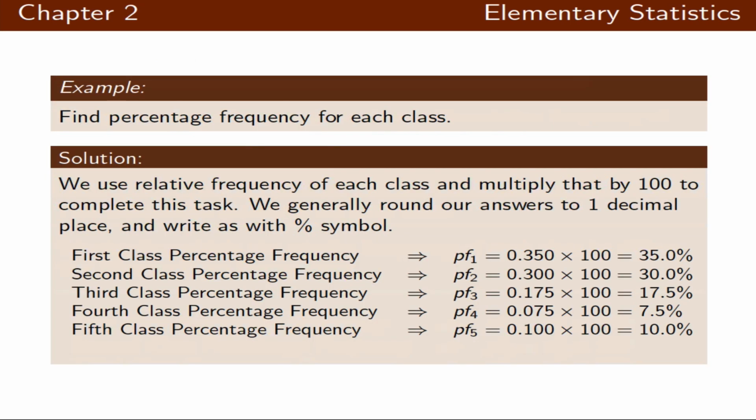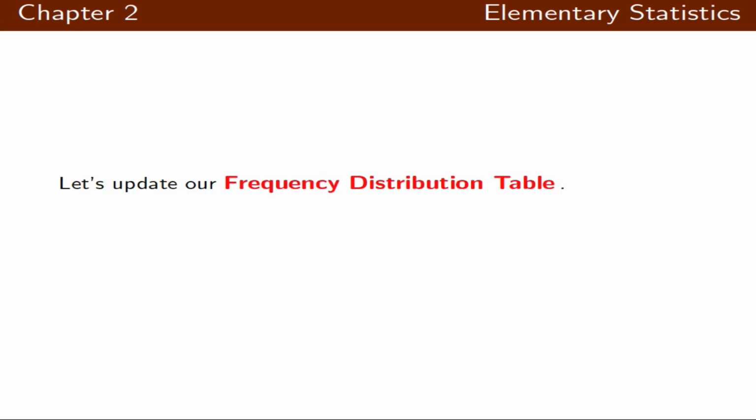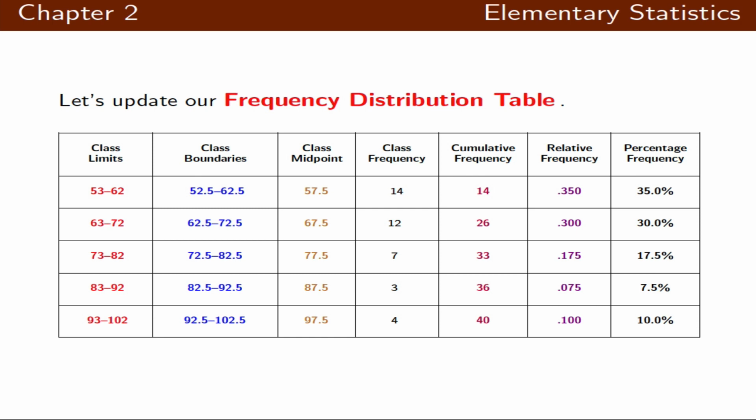So 0.350 times 100 would be 35.0, but don't forget this is a percentage frequency, so you have to place a percent sign at the end. We're going to keep the percentage frequency to 1 decimal place. So our percentage frequency is completed, and our frequency distribution table is also completed.